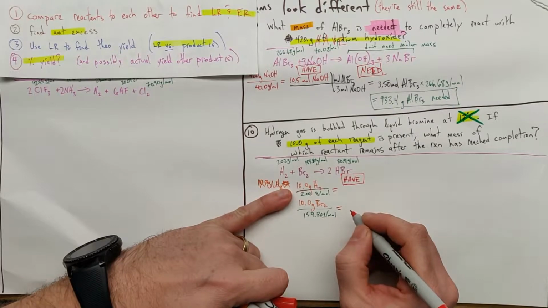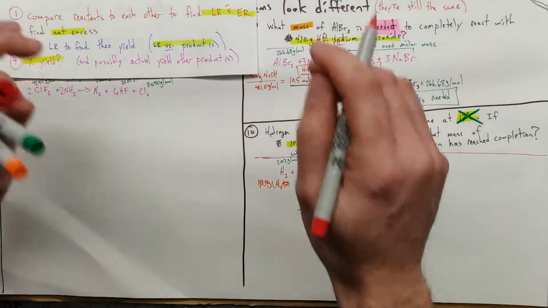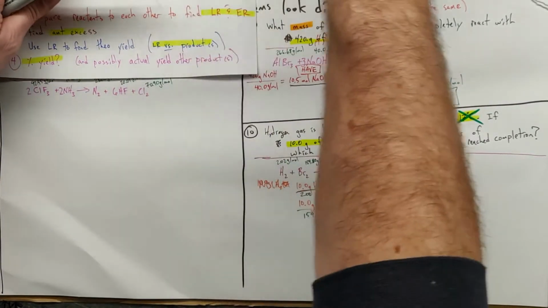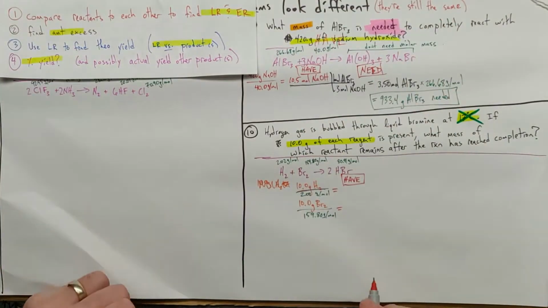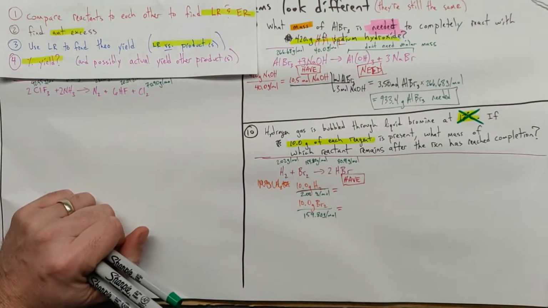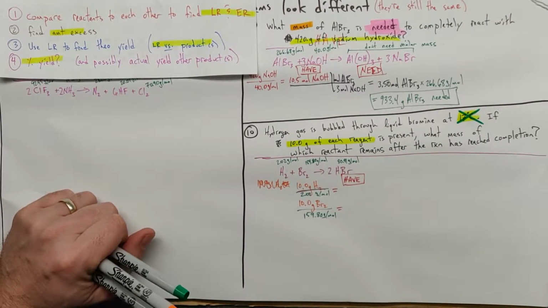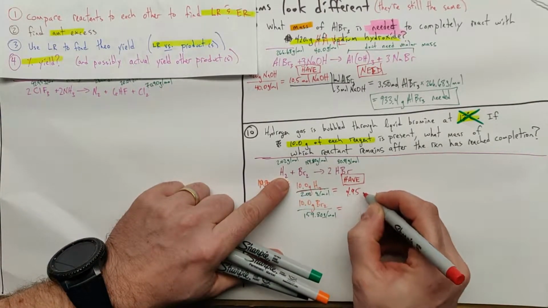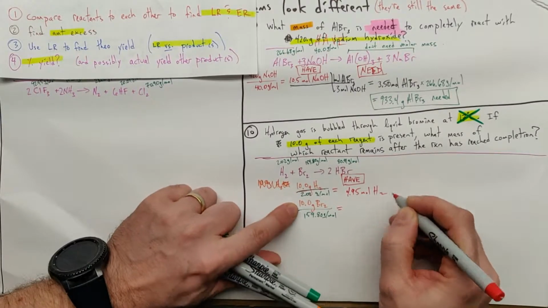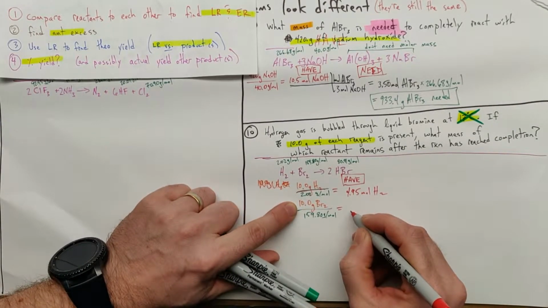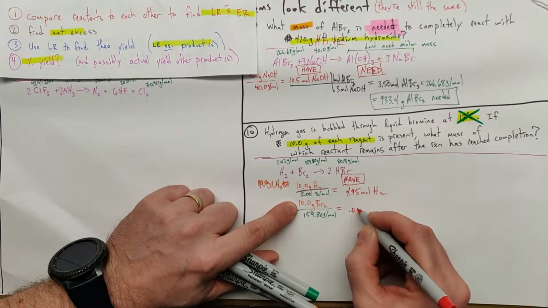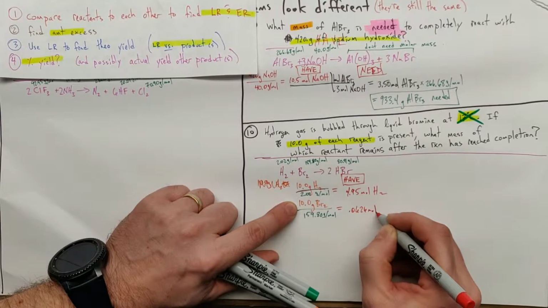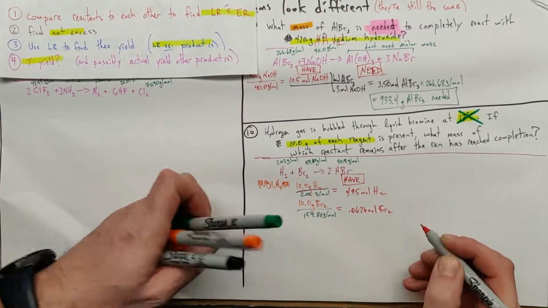For the hydrogen, we have 4.95 moles of hydrogen. And for the bromine, we have a much smaller number because it's got a much higher mass, and that is 0.0626 moles of bromine. That's what we have.